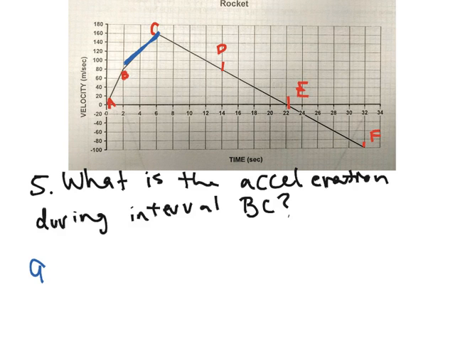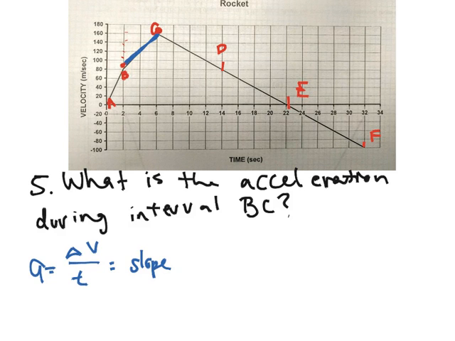Alright, so remember, acceleration is our change in velocity over time, aka our slope. So we need to find the slope of that line. Remember, you can pick any 2 points. I'm just going to pick the endpoints for simplicity. Let's do our final point first. We go from 80 to 160. If you take off the zeros, that's 16 minus 8.